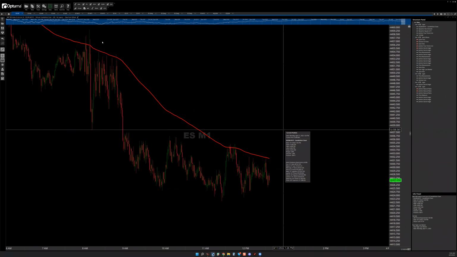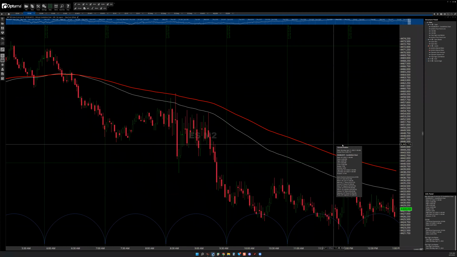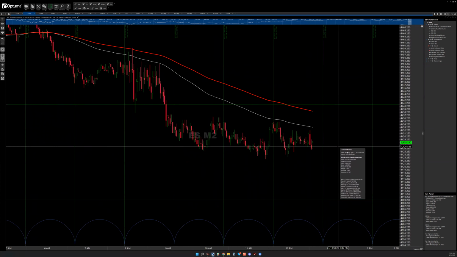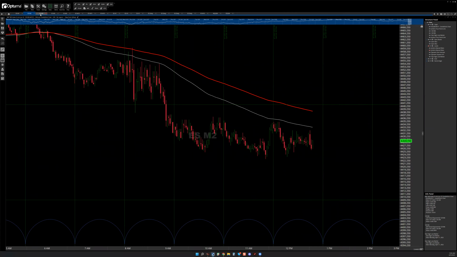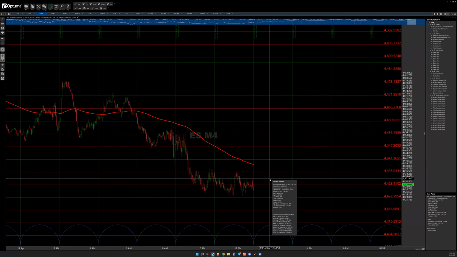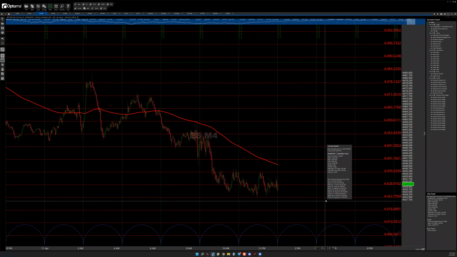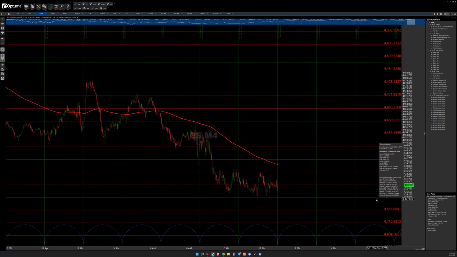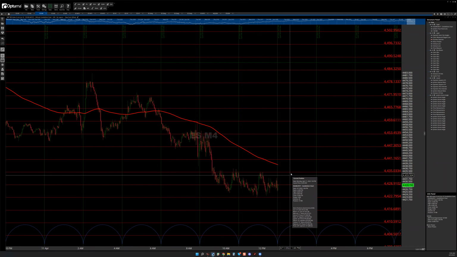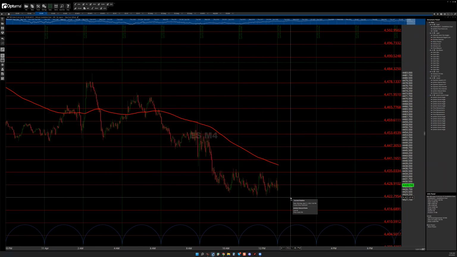Okay, this is a 1 minute, a 2 minute. I'm looking for something that looks like an interesting swing. Okay, so that looks pretty interesting here. On the 4 minute, we have these levels being hit right here.